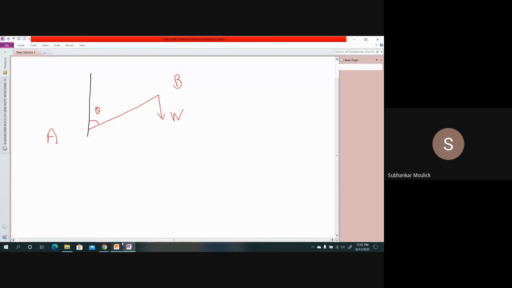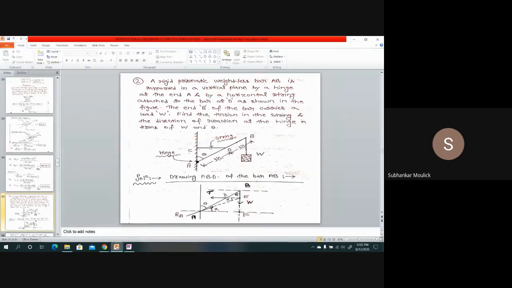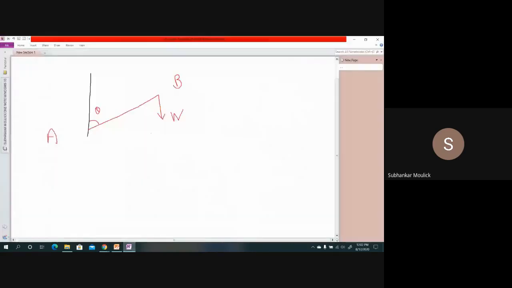Fine. If this angle is theta, then if I extend this W line vertically upward, and from point B, if I draw a horizontal line parallel to the x-axis, then this angle will also be equal to theta.